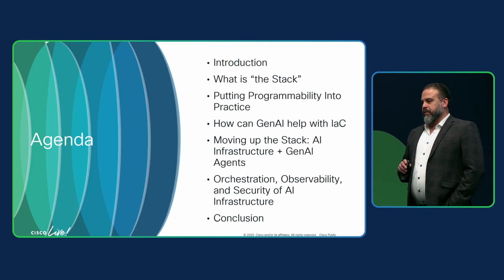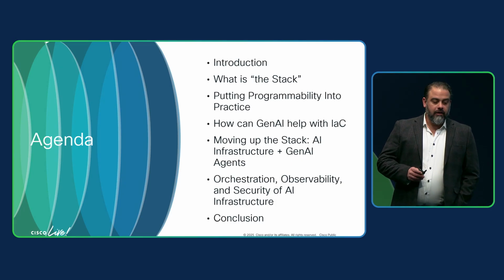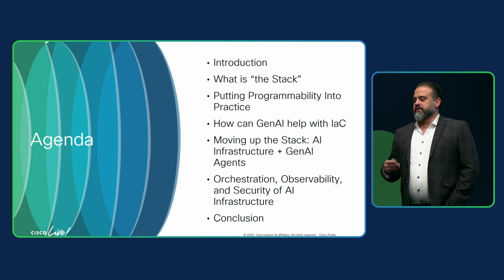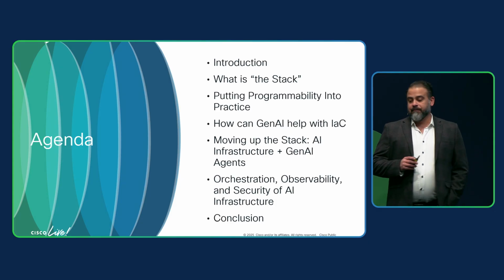We're going to set some context before we get started here, talking about what we mean when we say the stack in using GenAI in our operational opportunities within our IT organization. I also want to set the table about putting programmability and automation into practice within our organization as well. And then we'll jump into how we can start to leverage GenAI tooling for infrastructure as code, or IAC.